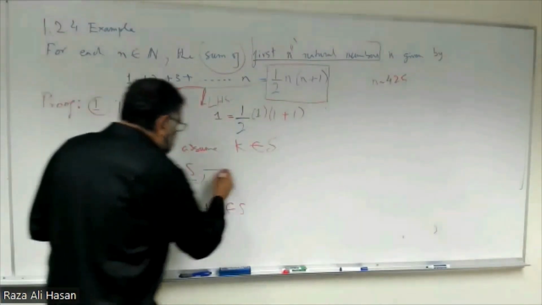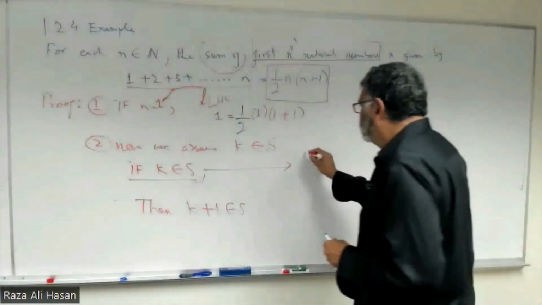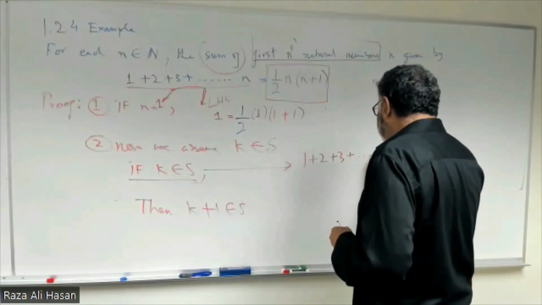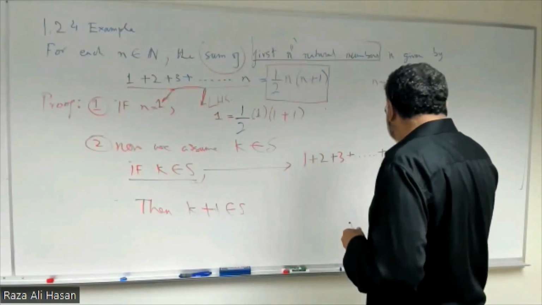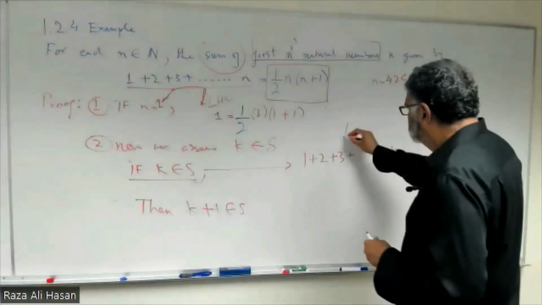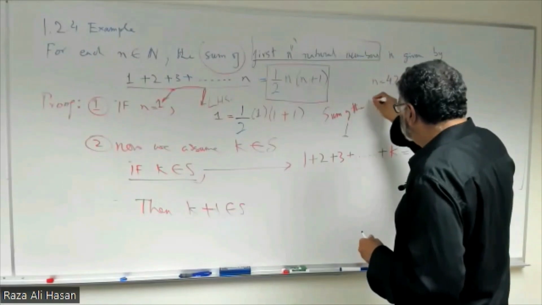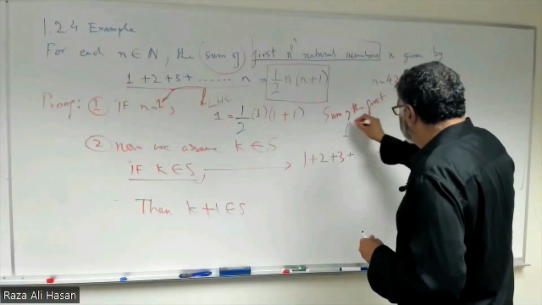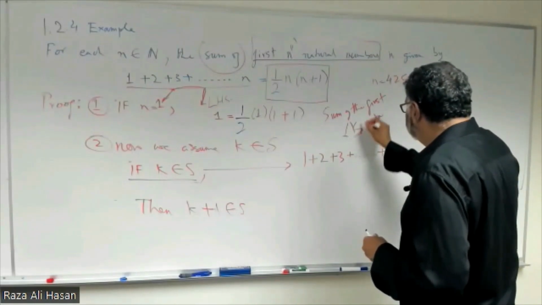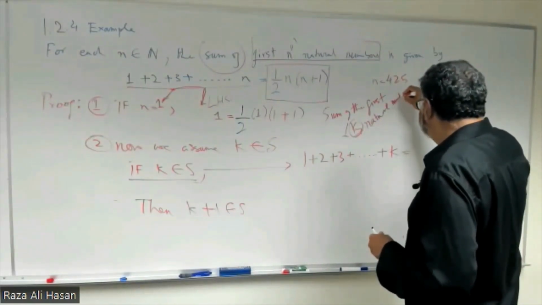All right, so we take the left hand side, it's 1, 2, 3, the sum of the first K natural numbers, small k's. I need to figure out how to write the other K's.